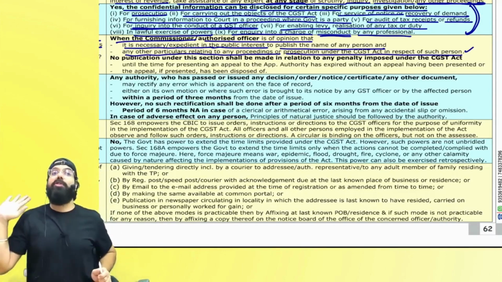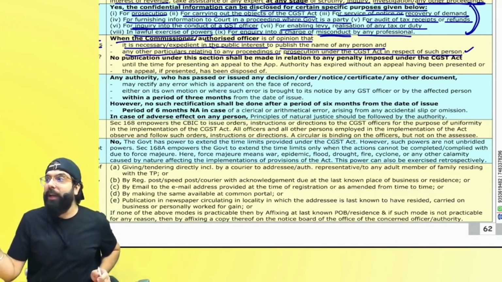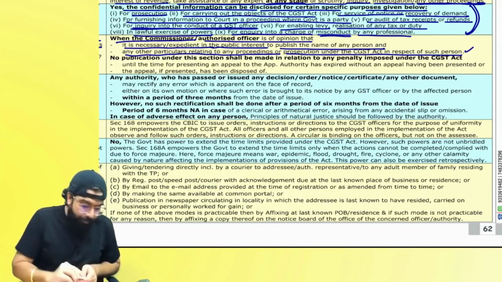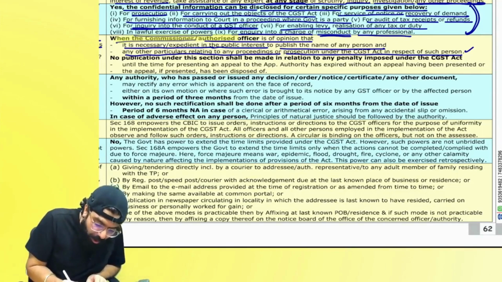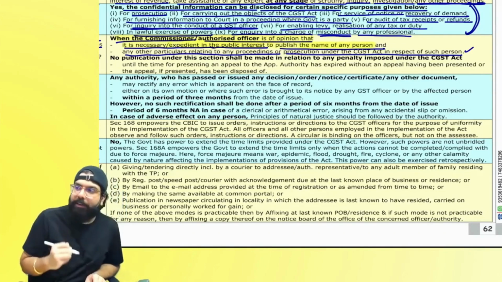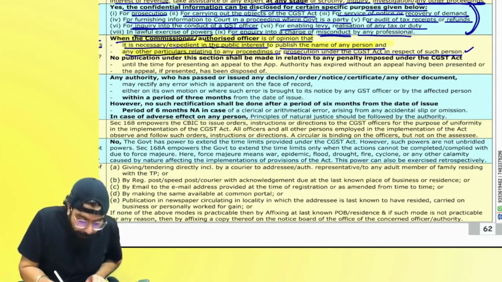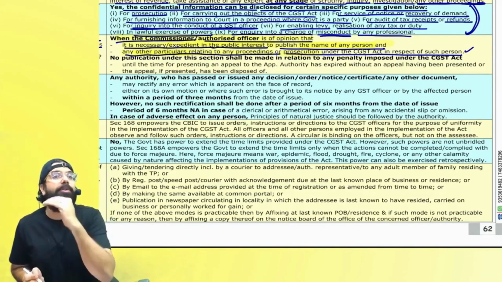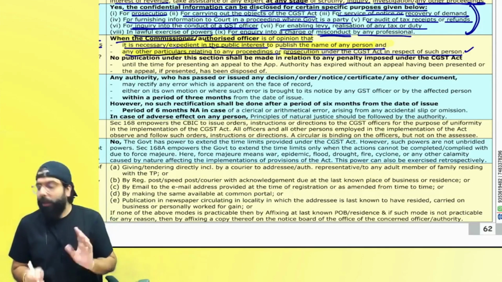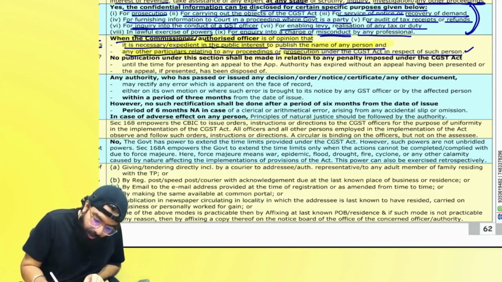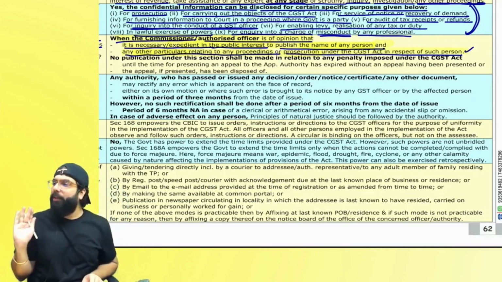Basically, the details of the proceedings can also be published, meaning what happened in the proceedings, I want to make it public. Then they can go ahead and do so against such person.